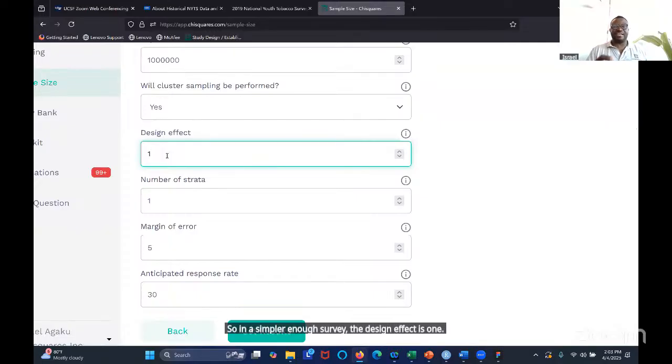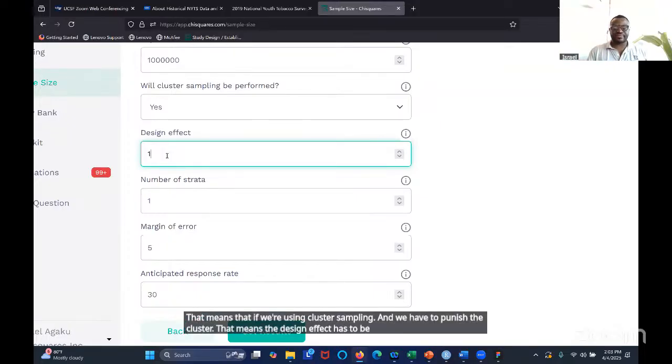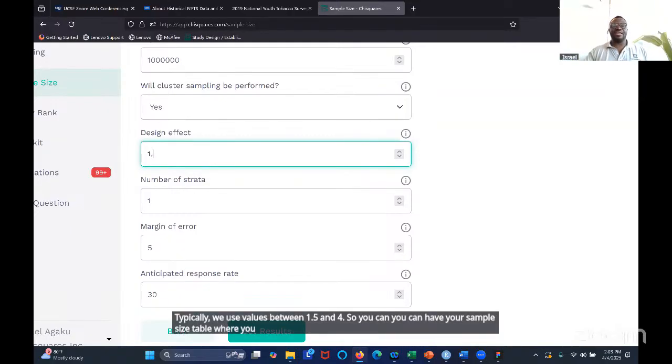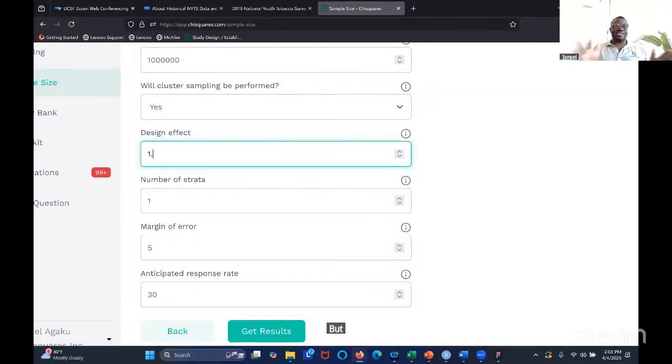That means that if we're using cluster sampling and we have to punish the cluster, the design effect has to be more than 1. Typically, we use values between 1.5 and 4. So you can have your sample size table where you try different values and see which one eventually corresponds to your budget. Because at the end of the day, if the sample size says you need 1 million people, but you have a budget for only 10,000, it doesn't really help you.